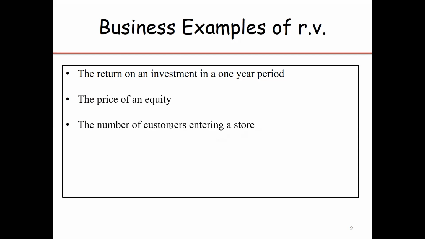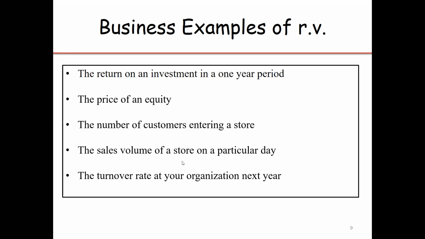But the third one is a discrete variable, because the number of customers entering the store, or the number of users connected with a server on the internet, is discrete. The sales volume of a store on a particular day is another example of a random variable. The turnover rate of your organization in the next year. So these are a few examples of random variables.